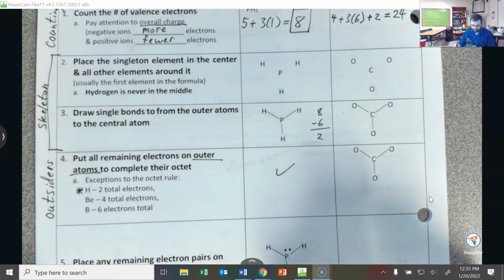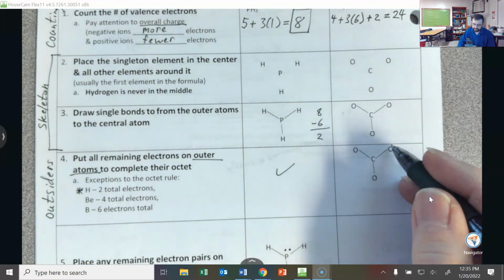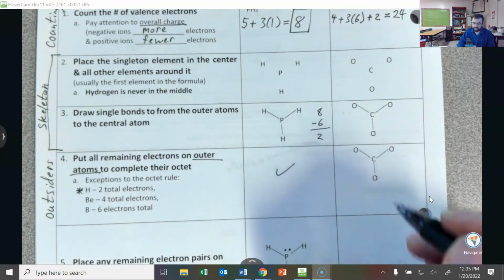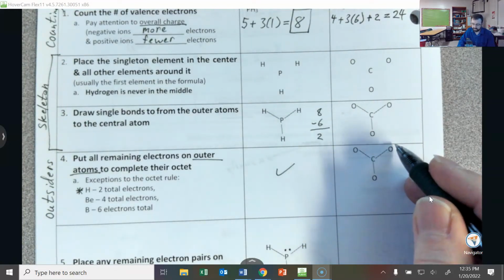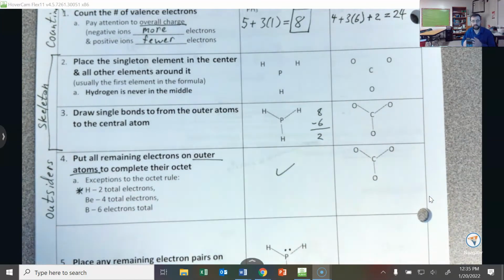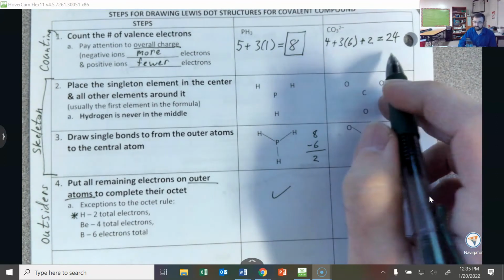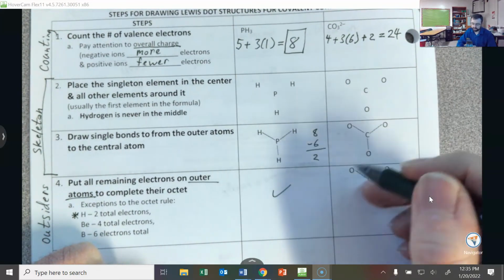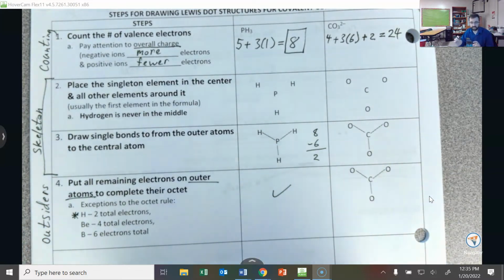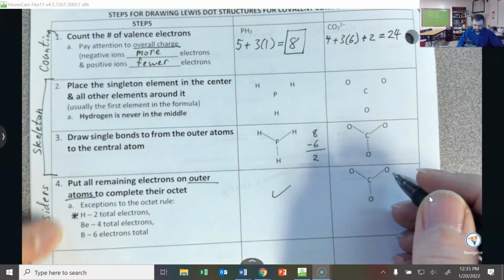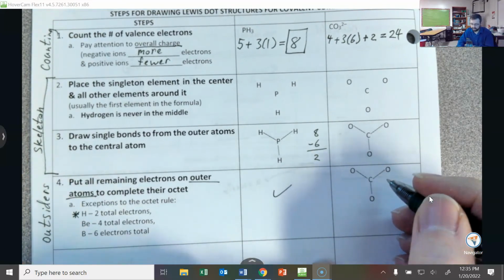I just keep counting up until I've got 2 electrons on each side of the atom. I would have 2 here, 4, 6, 8. So I'm going to keep adding these electrons until I get to 24. Start on the outside until the outside atoms each have 8 valence electrons.